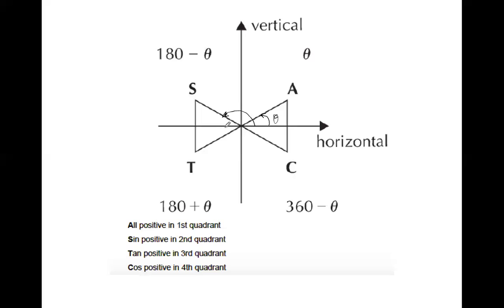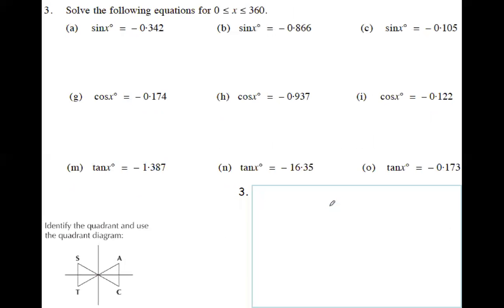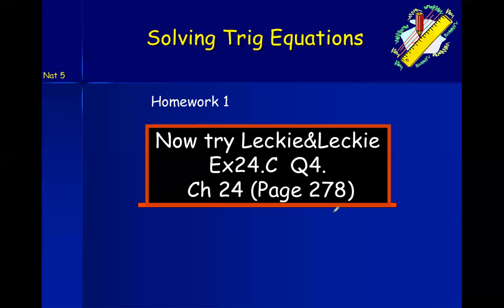So theta is always that wee angle there. And then 360 take away that angle. We're not going to go through all these, but this is just the same as what we've just done. It's just more practice. You can practice on them and you've got all the answers there. You can practice on these with negatives too.